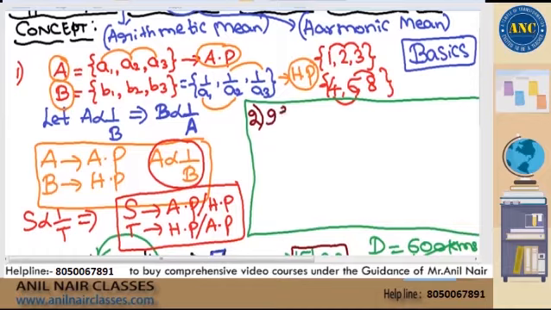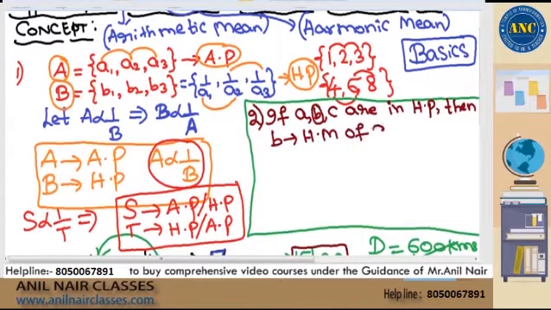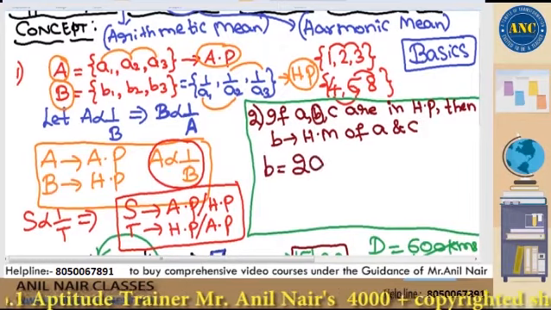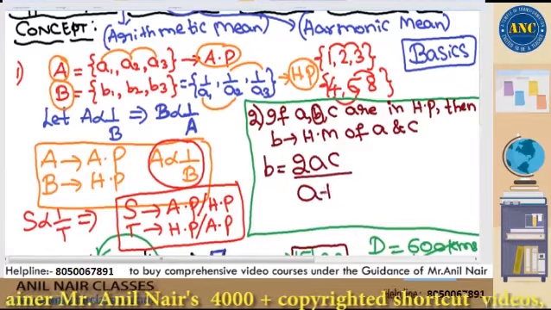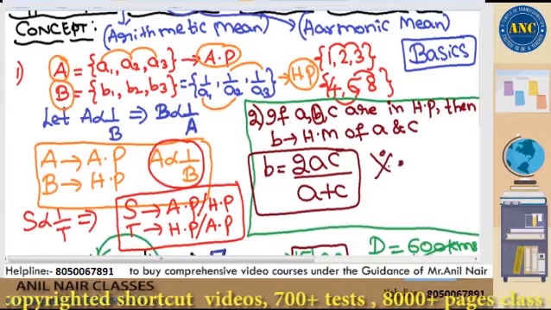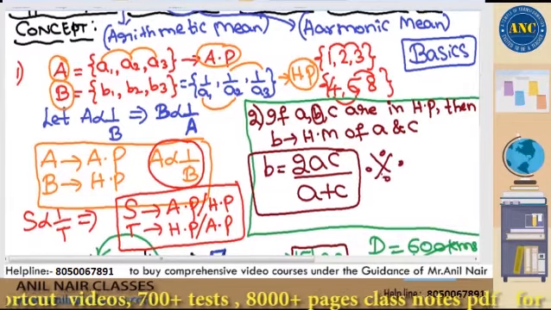Second key point says, if three elements A, B and C are in harmonic progression, then this middle value B is called harmonic mean of A and C, and that B is given by 2AC by A plus C.